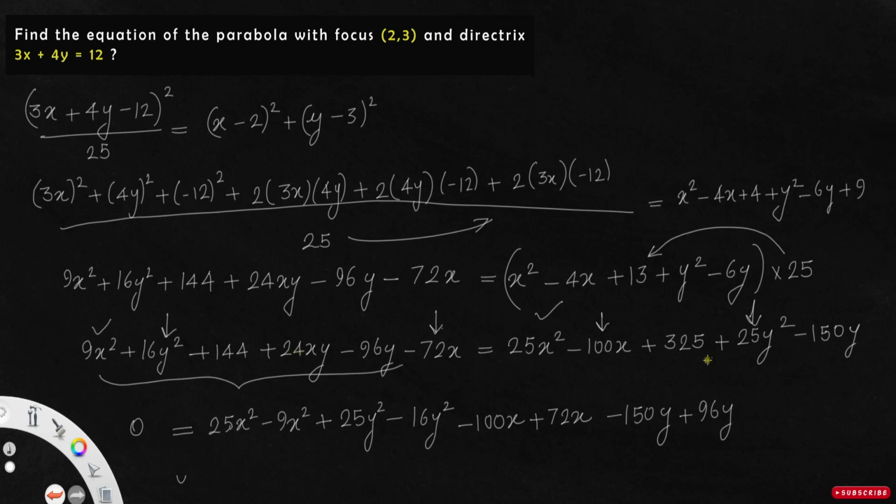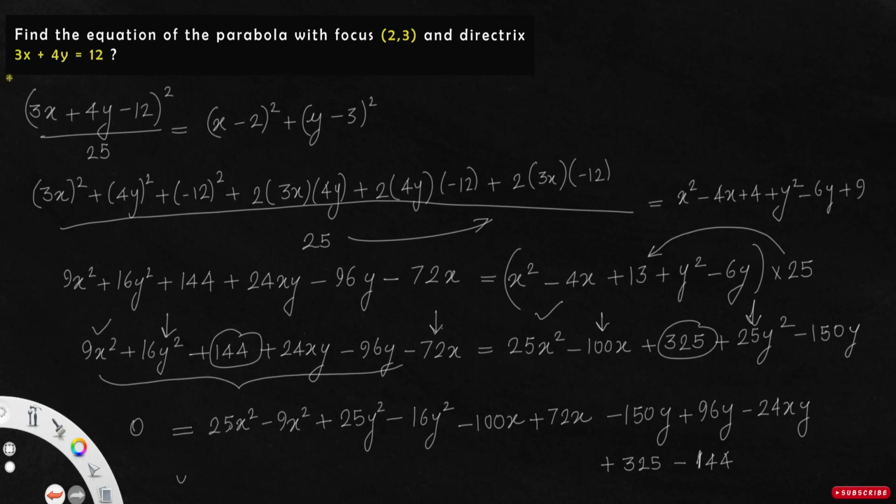Then this 24xy, when moving to the right, will be minus 24xy. Then the constant term is plus 325, and taking this 144 to the left, I'll get minus 144. On the left hand side it is 0.